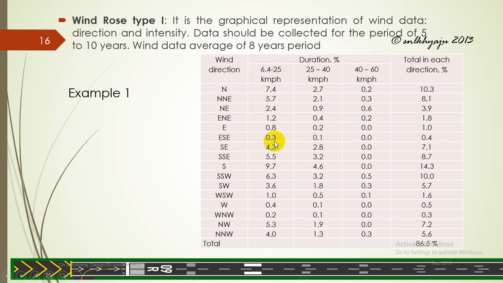From the windrose diagram type 1, we first determine the best alignment of runway, that is the best orientation of runway.